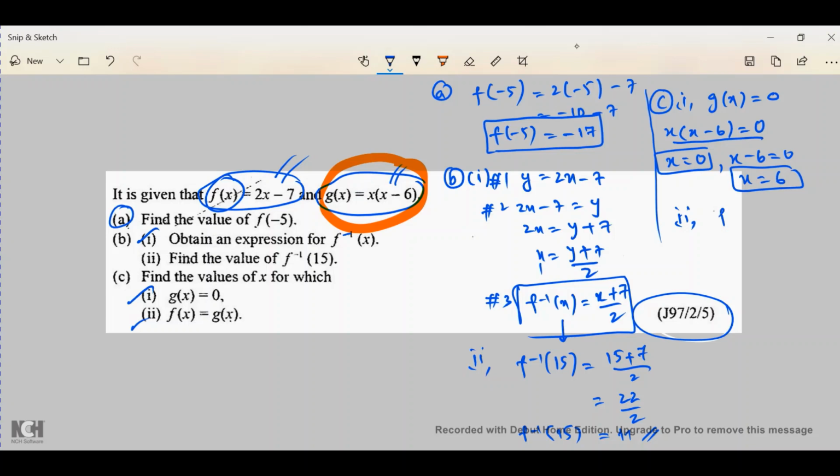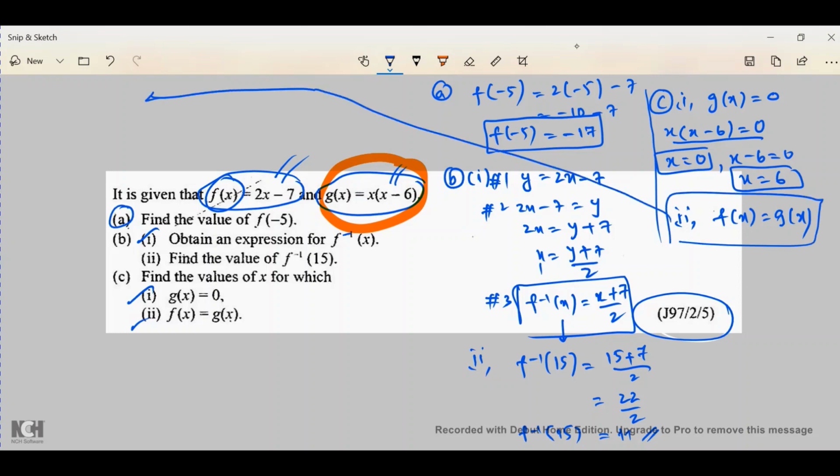Second part is f of x is equal to g of x. That means I'm solving this part here. f(x), 2x minus 7, is equal to g of x, which is x times (x minus 6). What you can do, you have to multiply: x squared minus 6x.